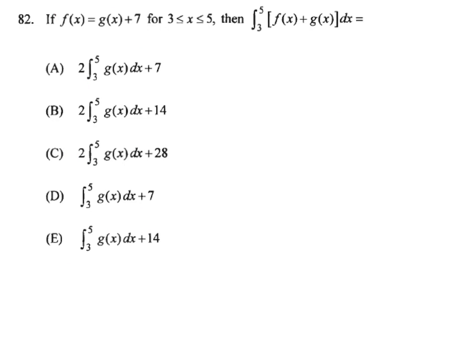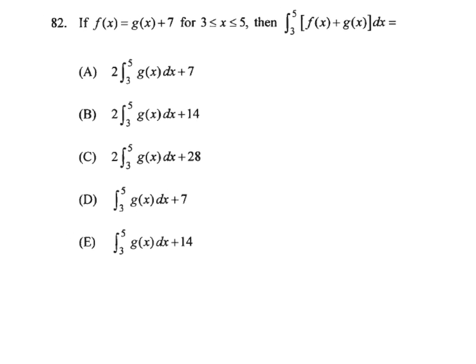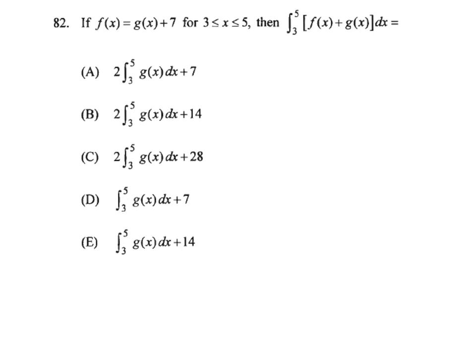All right, so this one here, you're given f of x defined as g of x plus 7, and from 3 to 5, and then you're asked to find this integral here and write this in some other way. Well, we can do a little substitution here. So we have the integral from 3 to 5 of f of x.